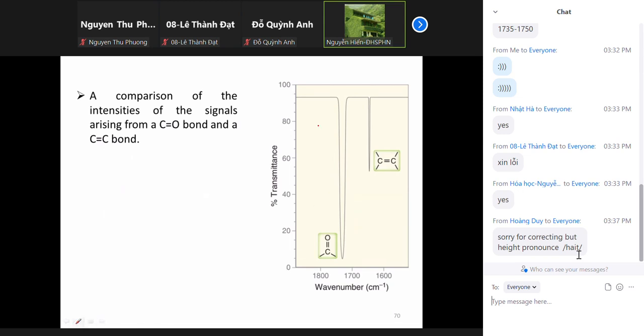The base of the CO peak is significantly greater than the base of the peak of the CC double bond, and the height of the CO double bond peak is nearly 2 times greater than that of the CC double bond peak. And in this case, we say the CO double bond has a stronger intensity.